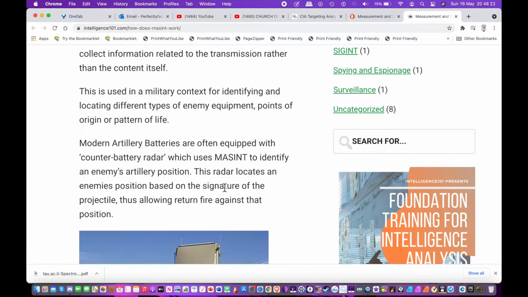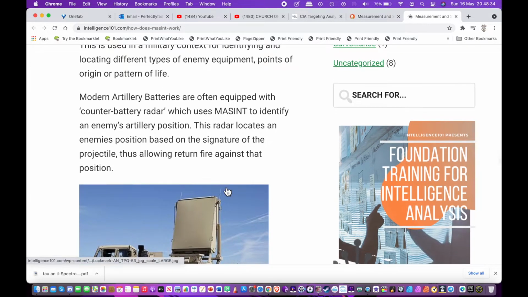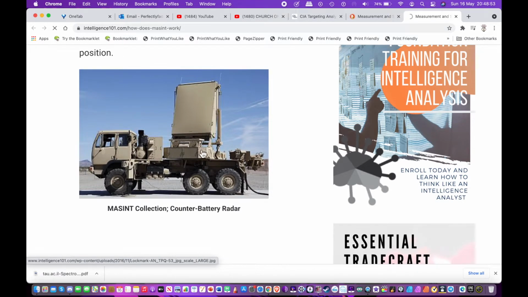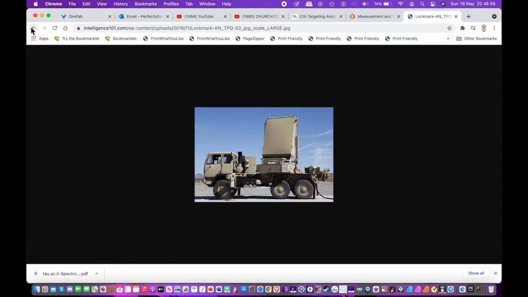Modern artillery batteries are often equipped with counter-battery radar, which uses MASINT to identify an enemy artillery position. This radar locates an enemy position based on the signature of the projectile, thus allowing return fire against that position. So that's the counter battery radar right there.